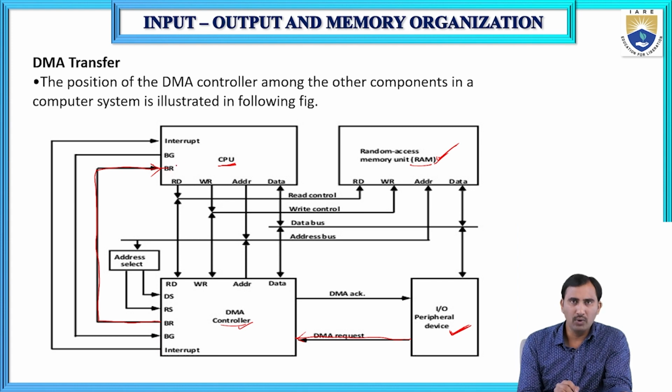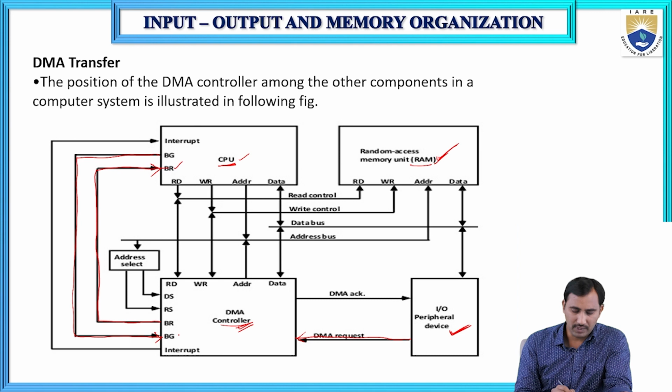When the CPU receives the bus request, and if the CPU decides to give the control of the buses to the DMA controller, then the CPU will send a bus grant signal to the DMA controller.